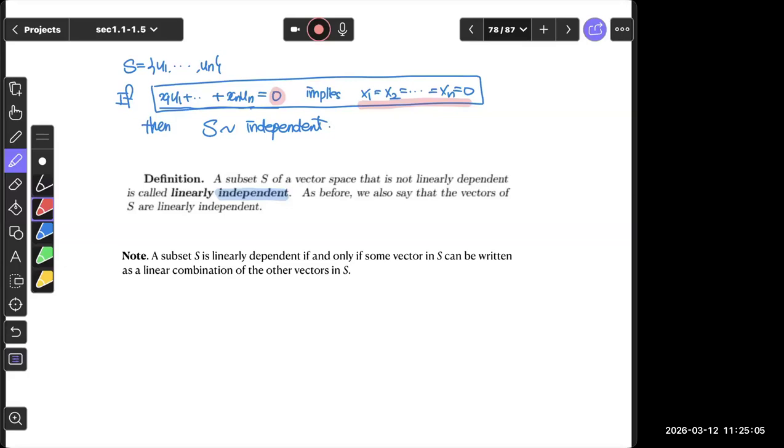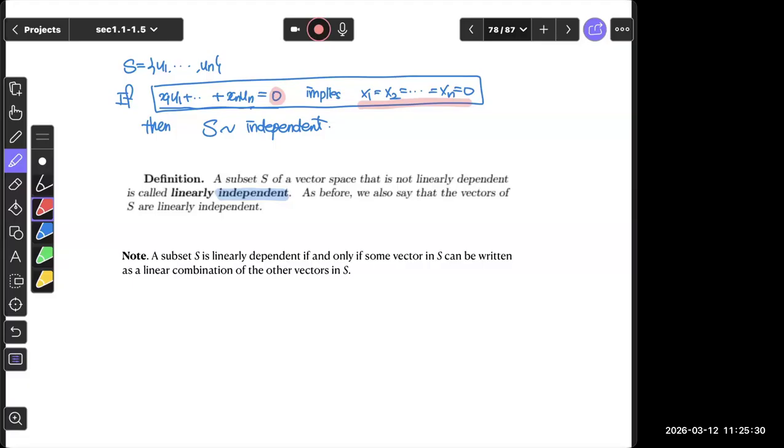But if that's not the case, that means if any of the coefficients is non-zero, but you can still produce the zero vector with those n vectors in S, then we say those vectors in S are linearly dependent.